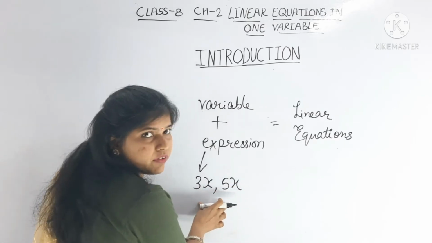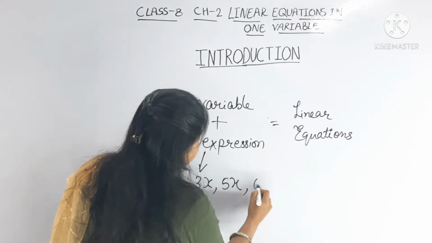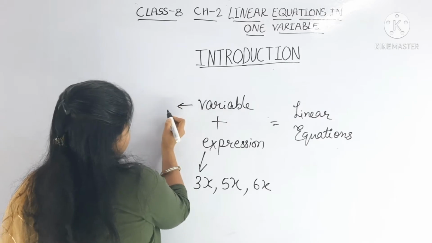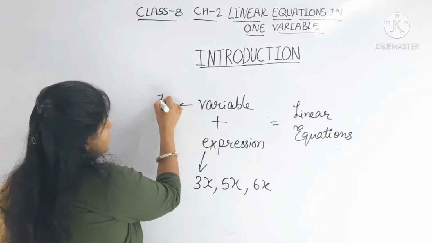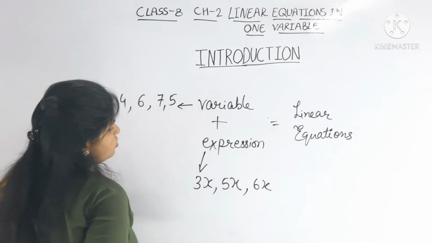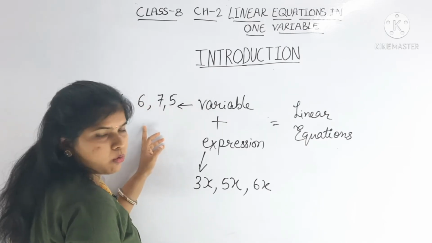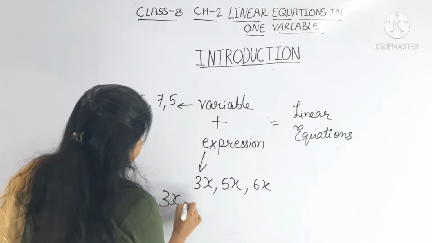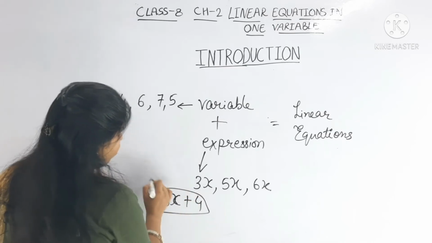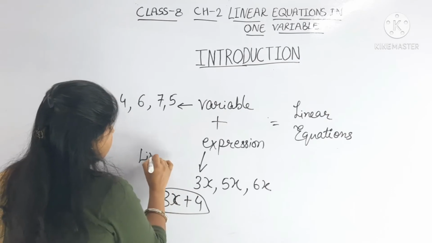these are in one variable. 6x, like this. There are also constants, like 7, 5, 6, 4. So if you add both, like 3x plus 4, this is your linear equation.